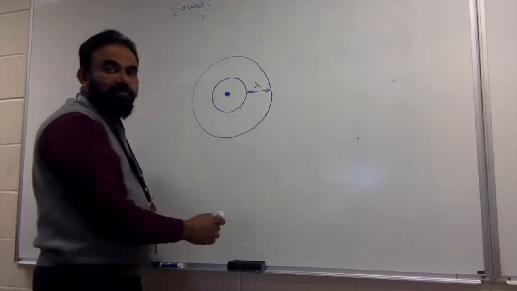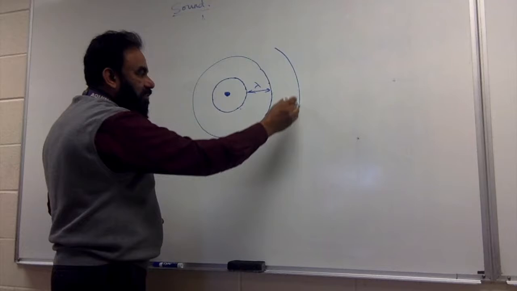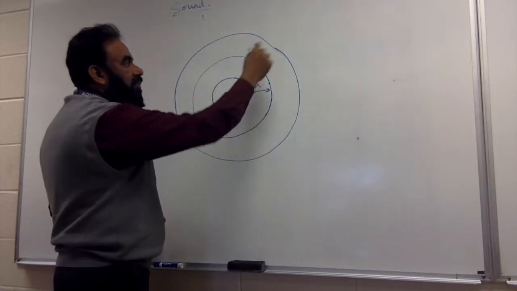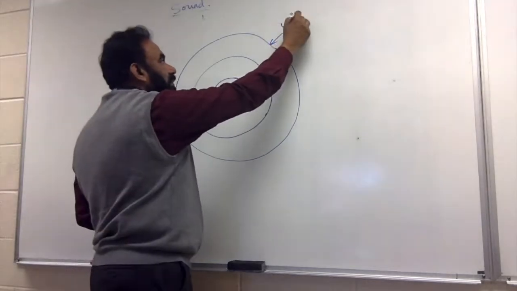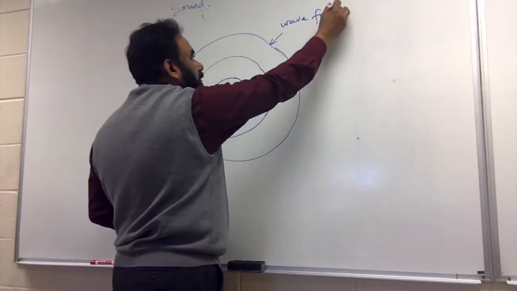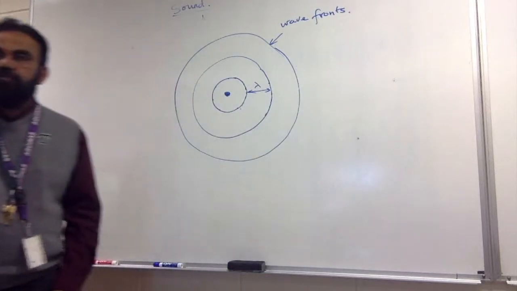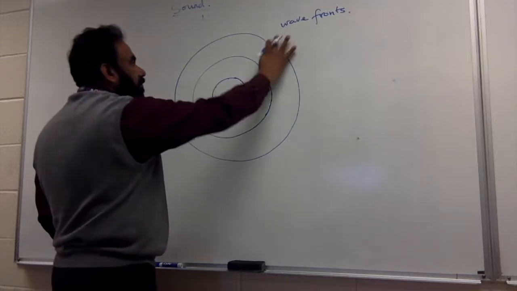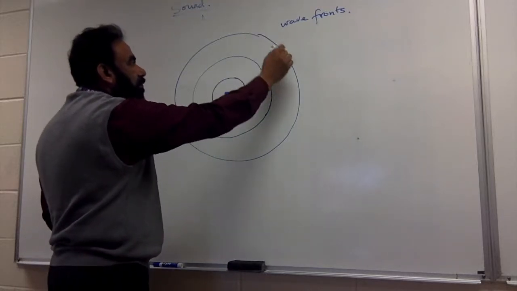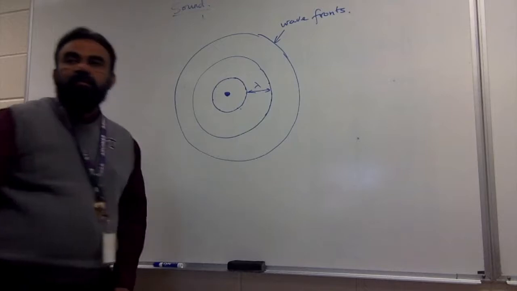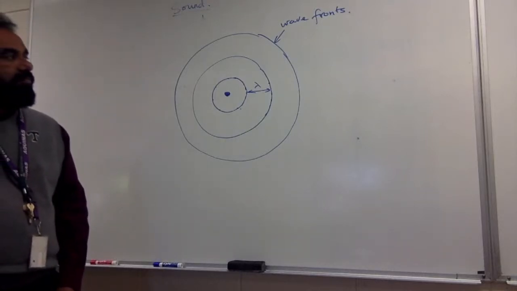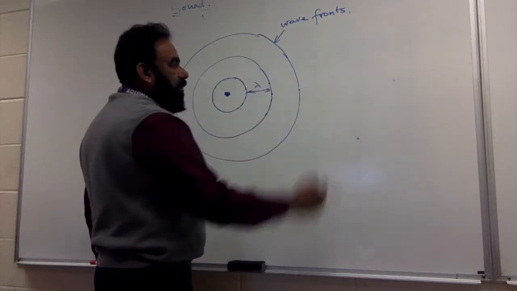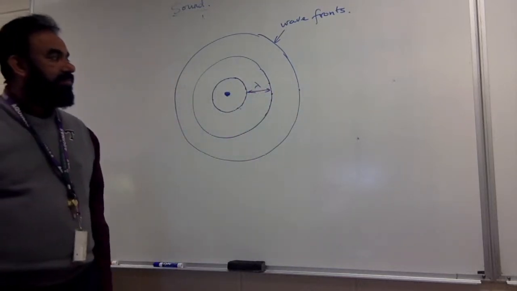A wavelength. So all these lines that are drawn around, these are called wave fronts. And the distance from one compression to the next compression is lambda.